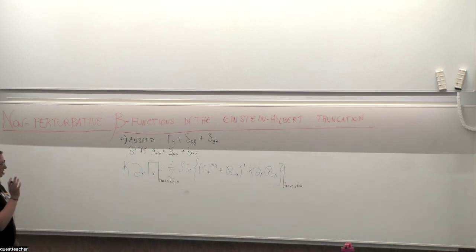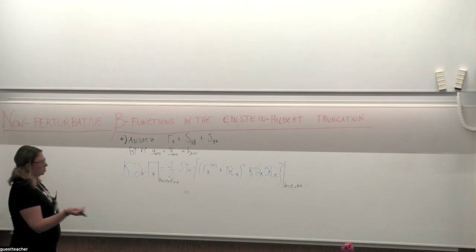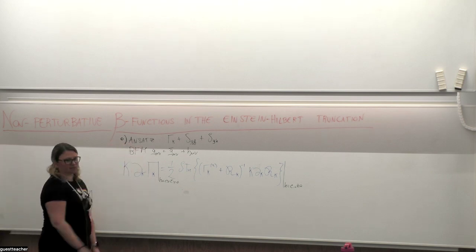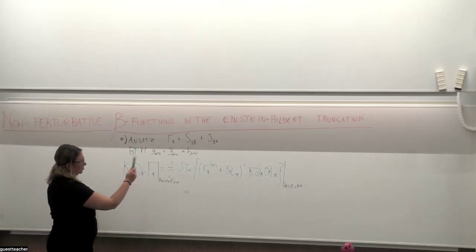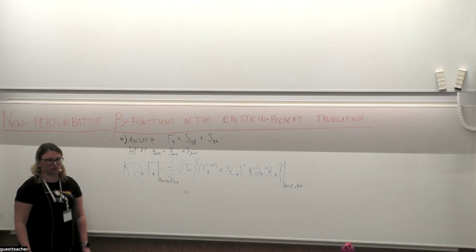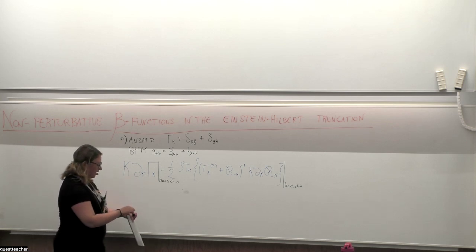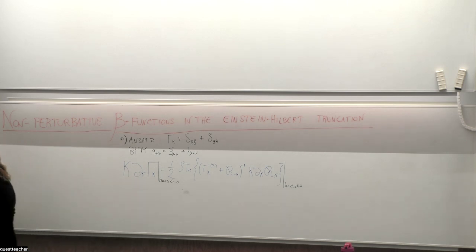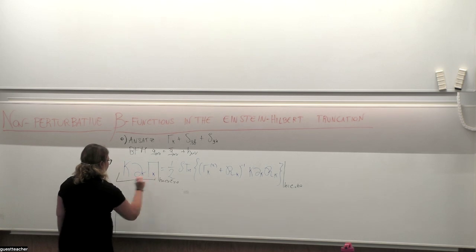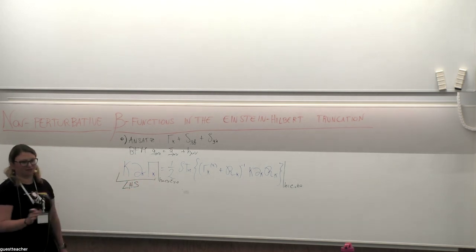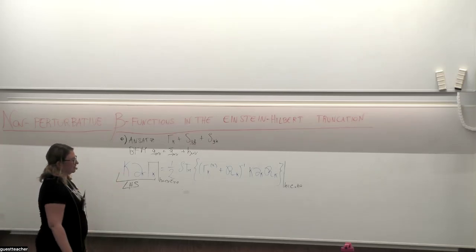This is the starting point. So once we have ansatz and we understand how to parameterize fluctuations, we need to compute these two parts of the equations, the left-hand side and the right-hand side. Let me still use the black. So the left-hand side, you can leave it as the last step because it's very straightforward to compute.